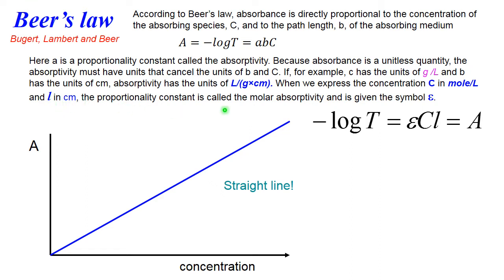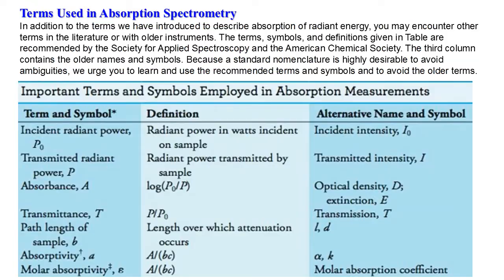Then the proportionality constant we call molar absorptivity and give the symbol of the Greek letter epsilon. So minus log T is epsilon b c, and it's absorbance. What's important? This is a straight line. Absorbance is a straight line as a function of concentration.